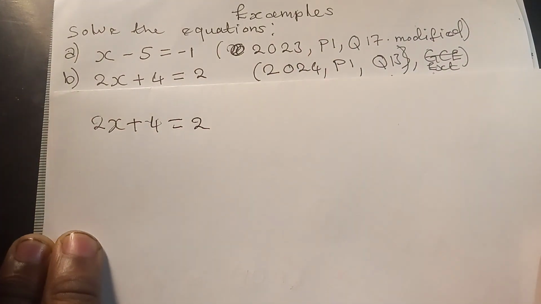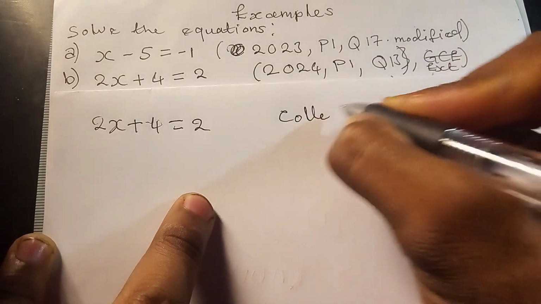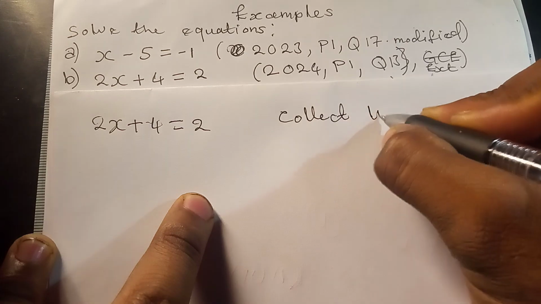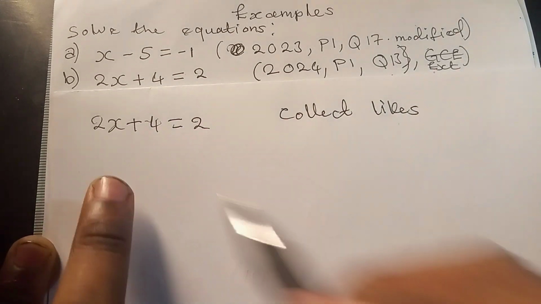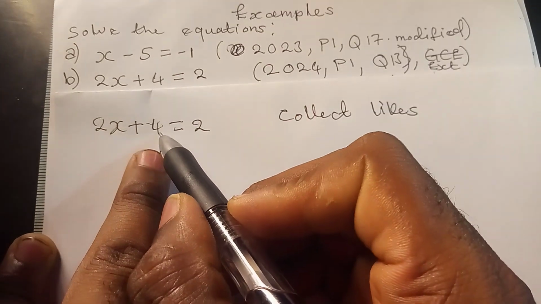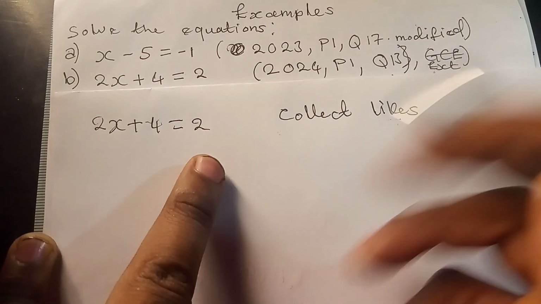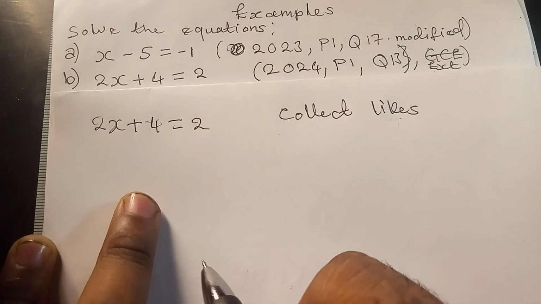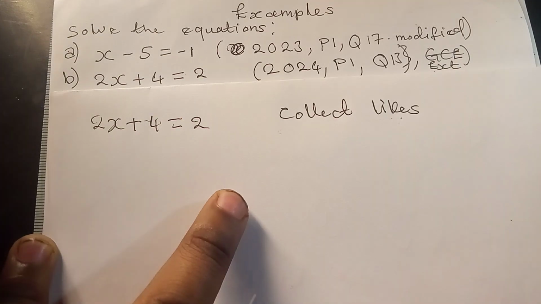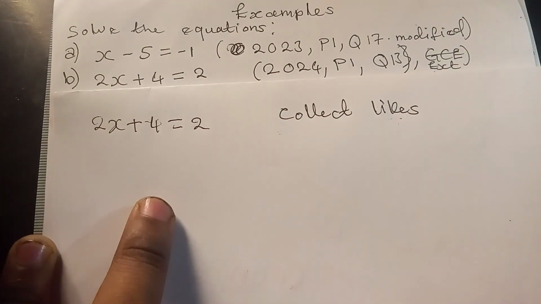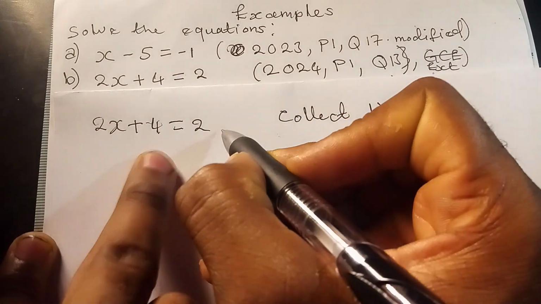So to solve this one, the first stage is always to collect the like terms. Collect like terms. So in this case, we have a 4 and a 2. This is always the case even with algebraic expressions, which explains why I decided to start with algebraic expressions and then equations. So I'll take the 4 to the other side.